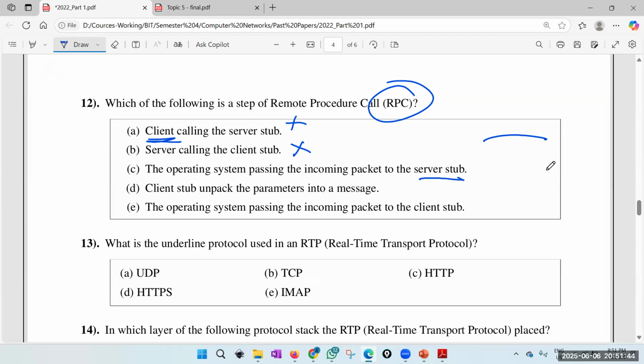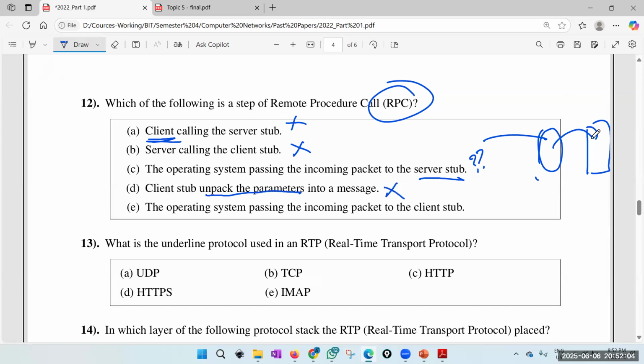Yes, right. Then the server stub gives it to the server. Client stub unpacks the parameters? No, client stub packs the parameters, right?